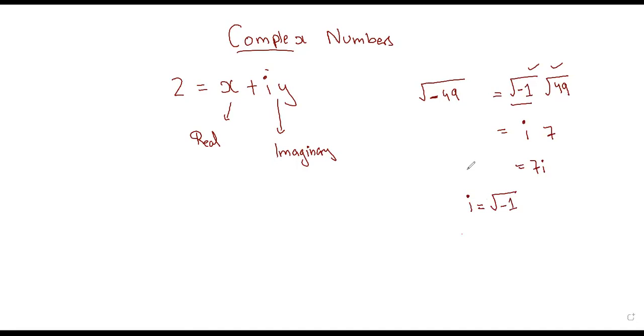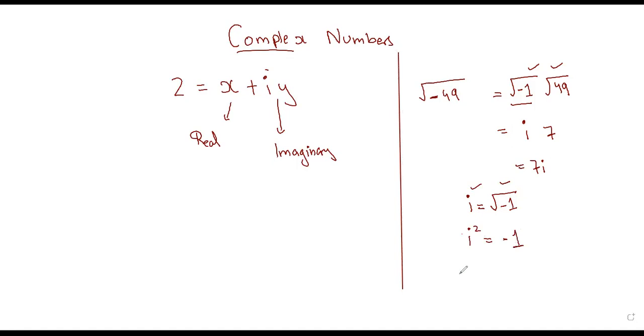Okay. All right. So let me just make some divisions. So far you know that iota is under root minus 1, right? So if I say what is iota square, because you will come across this iota square many times, and this is important. So iota square would be, you have to square both sides, and you will get minus 1, right?